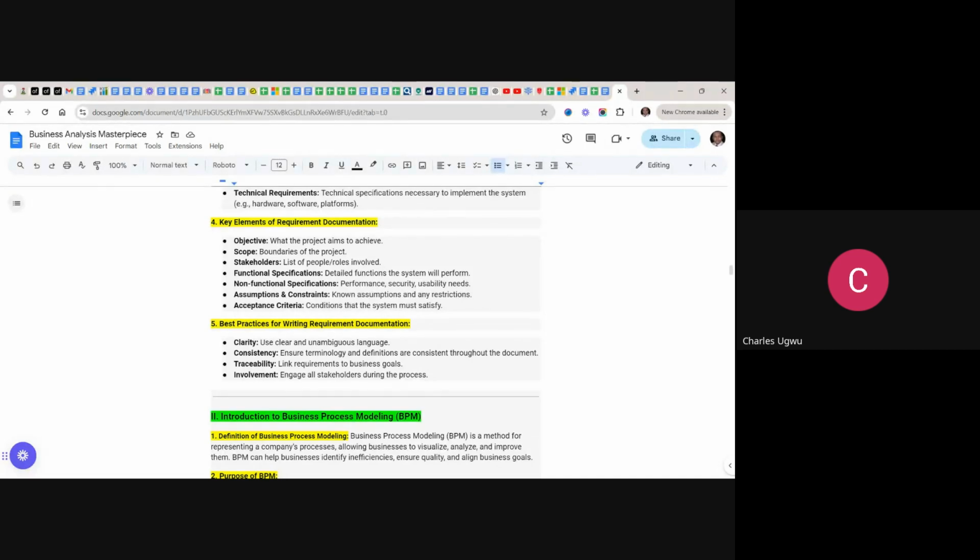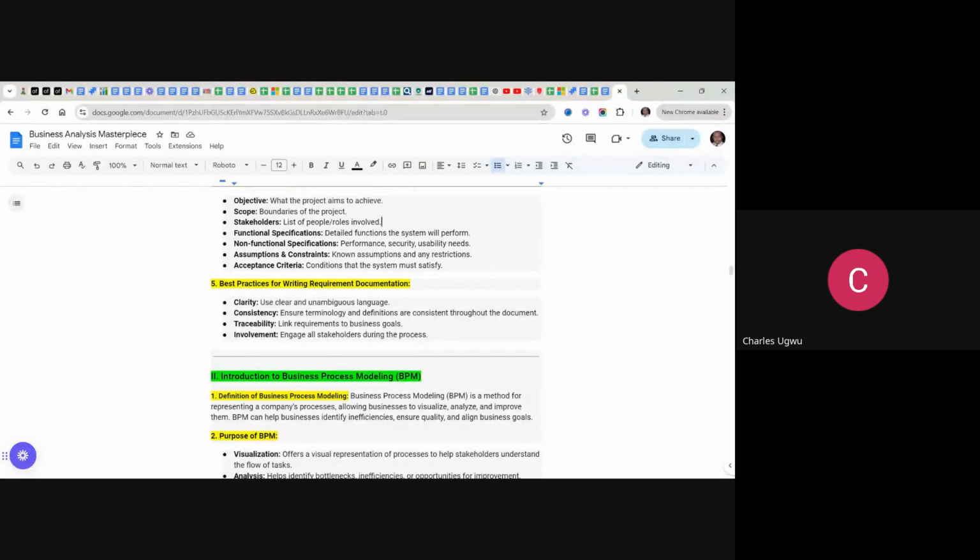Having captured requirement documentation, let's look at business process modeling. Some of these requirements we captured, at times we need to go further to illustrate them in a visual representation for us to understand the requirement very well. Because when you are trying to capture requirements, you try to understand a lot of processes, the current process or the future process.